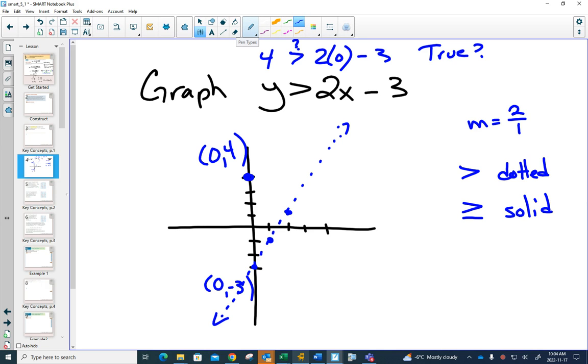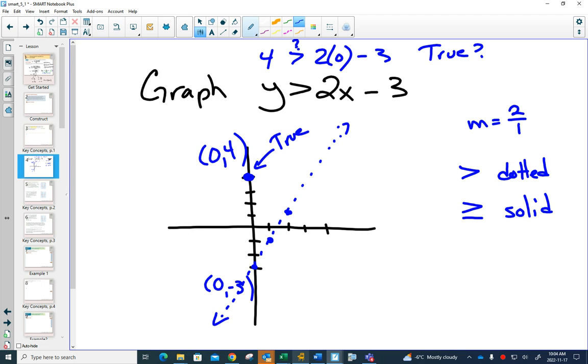Plug in 0 for x and 4 for y. Do the math. I would get 4 on the left side, obviously, and on the right side I get minus 3. Is 4 greater than minus 3? True. Okay? With an equal sign, it would definitely be false. 4 does not equal minus 3. But with a greater than sign, it's true. So we know that this point is true.